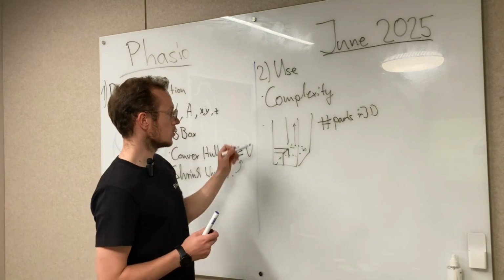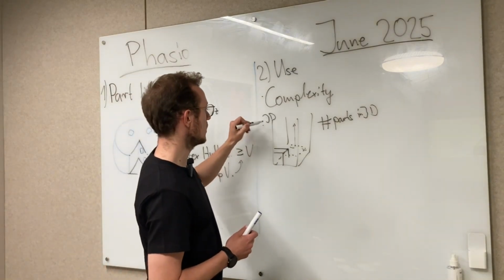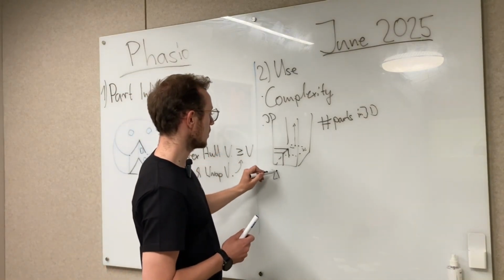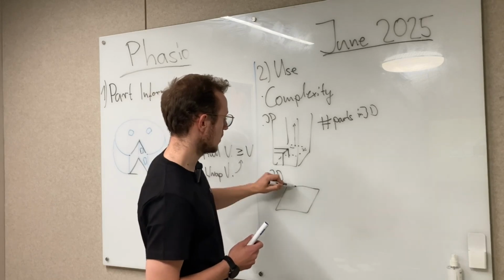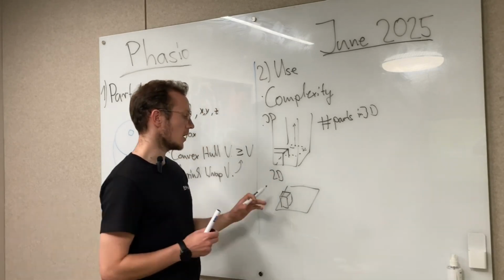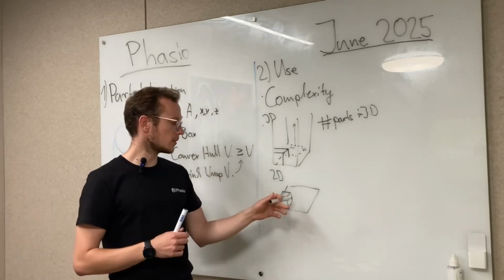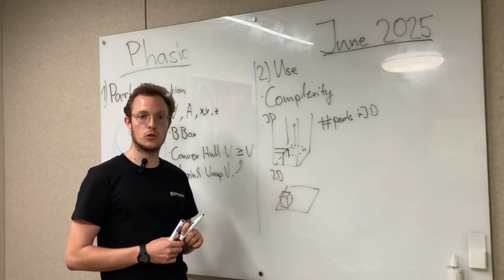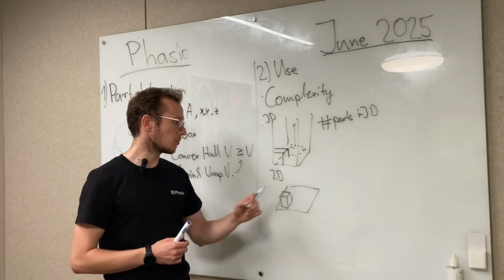And the same you can do, of course, in 2D. You can fit the part on a 2D plate and understand in all orientations how many times would that fit onto the build plate here.